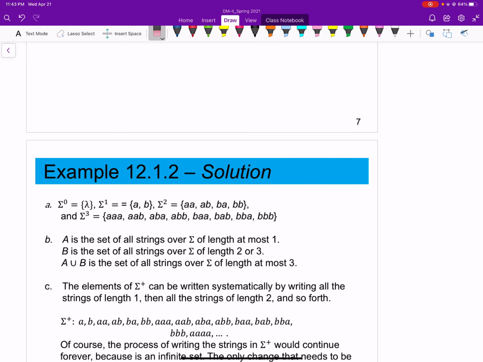Sigma 0 is the string that has 0 length, that means no length. That is simply lambda, which is used to define a string of 0 length.